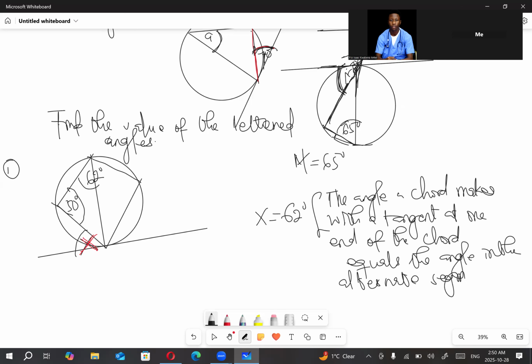Is that okay? So you have to write all these. If you don't write this and you just write x equals 62, trust me, it's wrong.